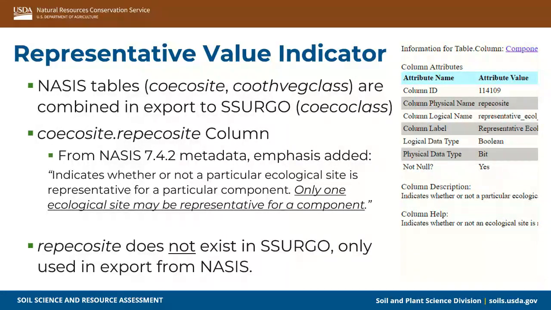Within the component ecological site, we have the representative ecological site column. And I've added the emphasis here: only one ecological site is representative for a component. This is essentially used during the export process to determine which sites the user is going to see when, for instance, they go to Web Soil Survey and generate one of those maps or tabular reports.